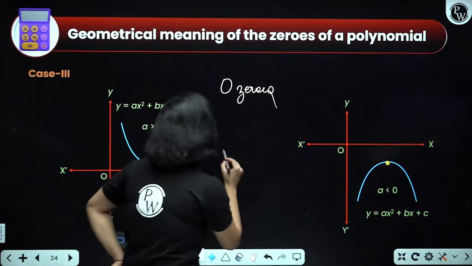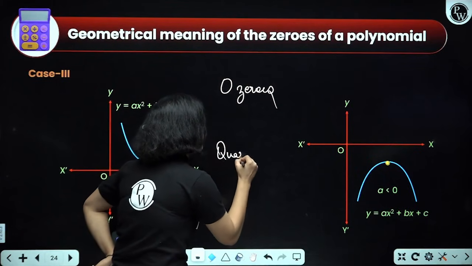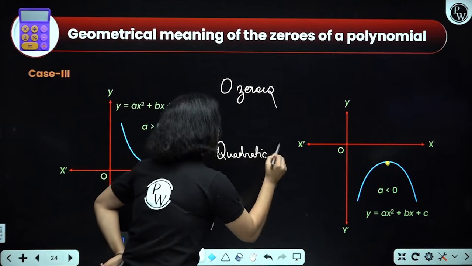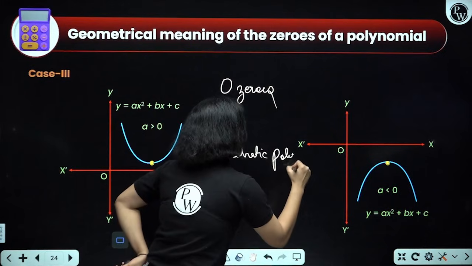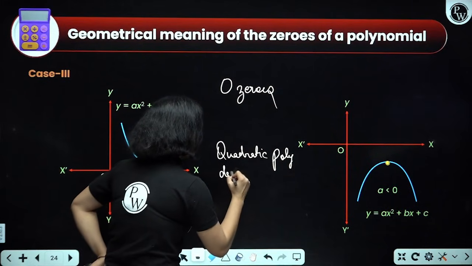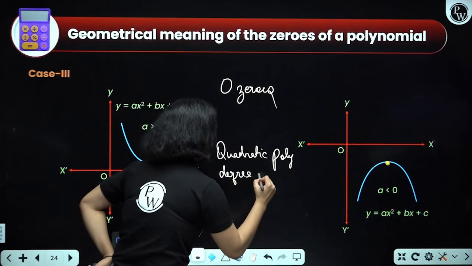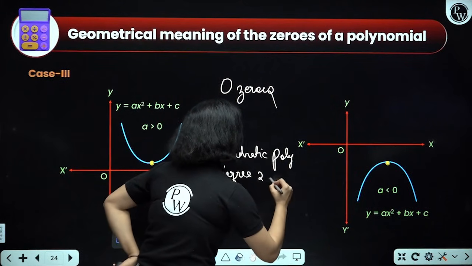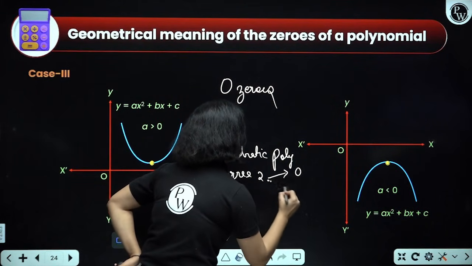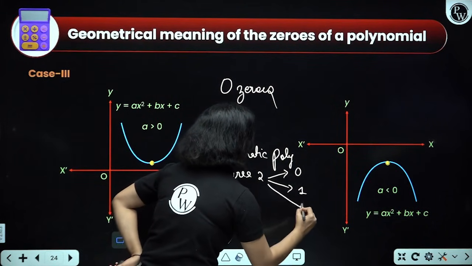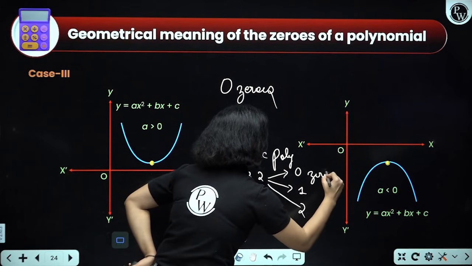That means a quadratic polynomial has degree 2. Notice, it has degree 2. Now, it can have either 0 zeros, or 1 zero, or 2 zeros. Yes or no?